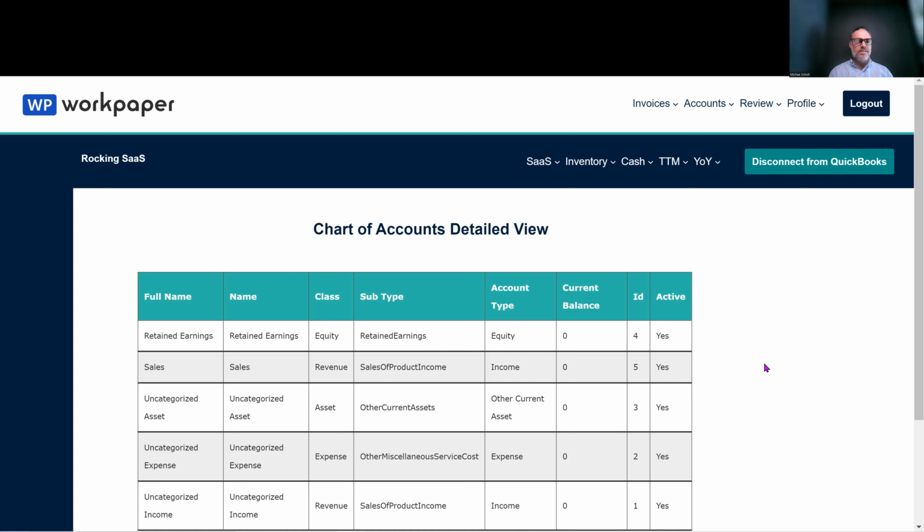Wanted to show you how easy it is with the WorkPaper application to adjust your QuickBooks Online chart of accounts. So don't pay anyone thousands of dollars to adjust your chart of accounts.